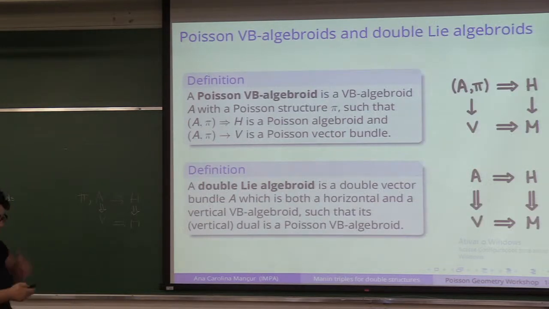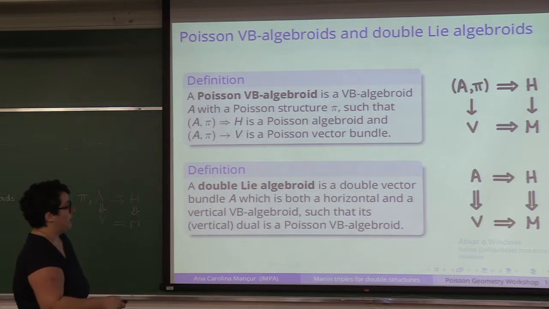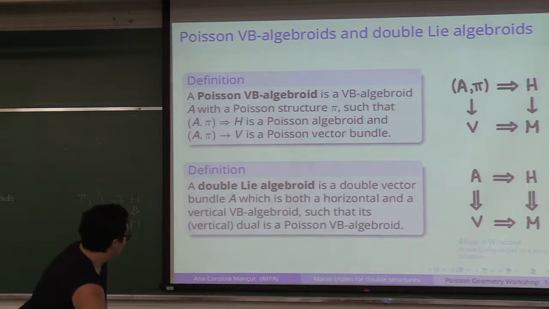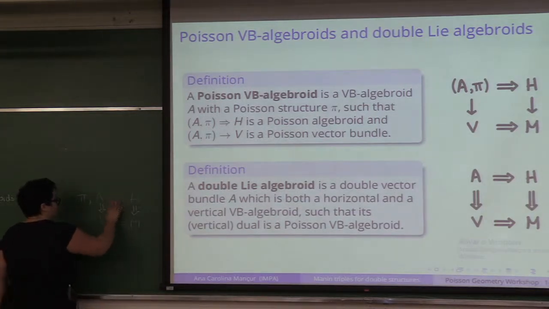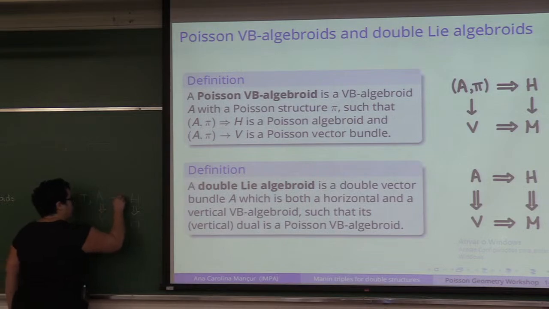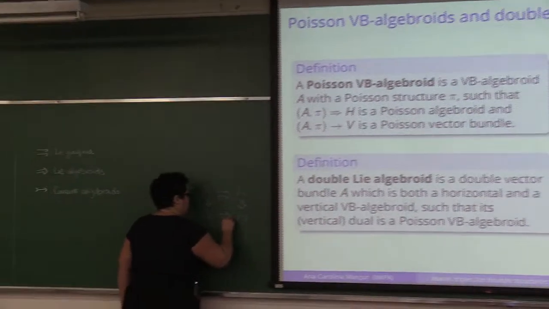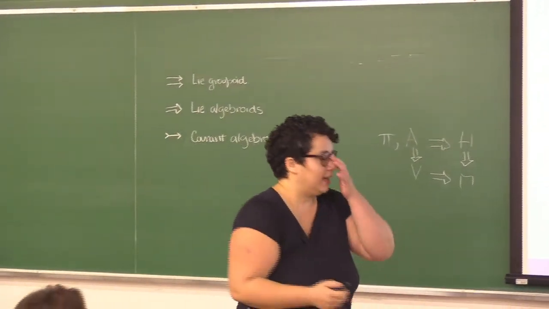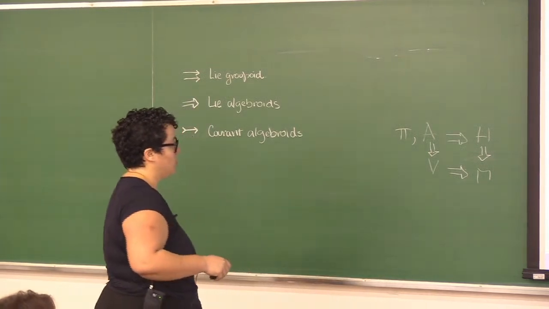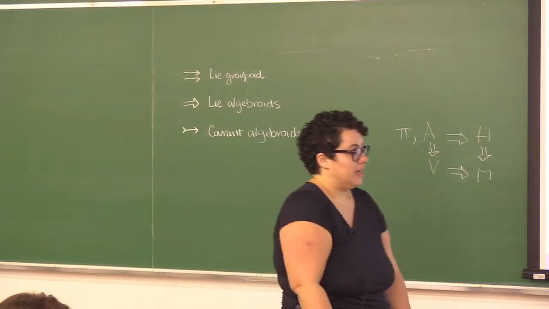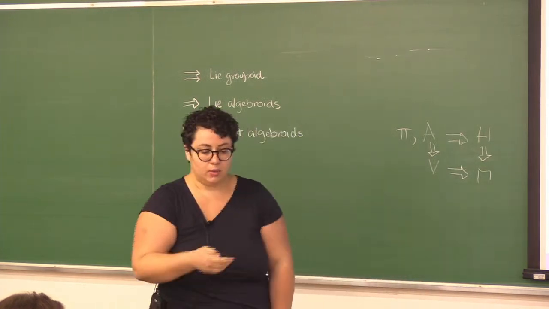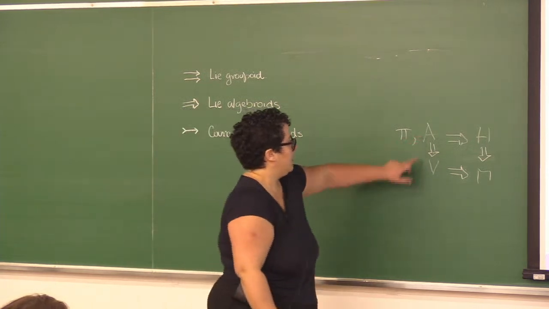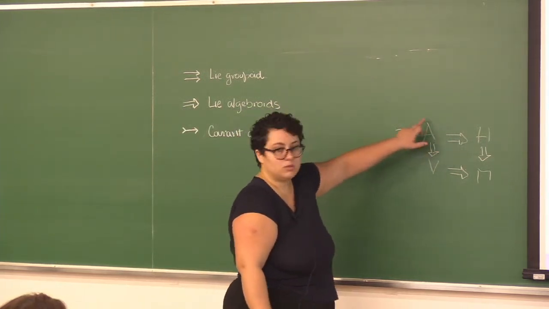Now, if we consider this structure here, we will get something like that. So using the duality between Poisson algebroids and Lie algebroids, we can find also this structure here, since this is a Poisson algebroid and this is also a Poisson algebroid.